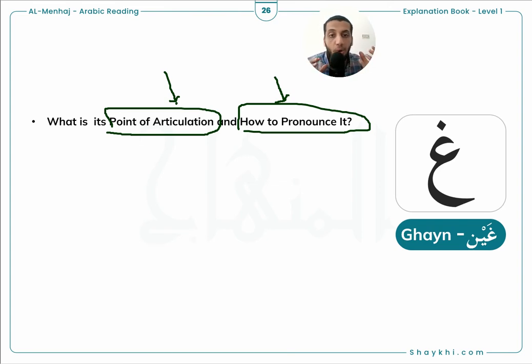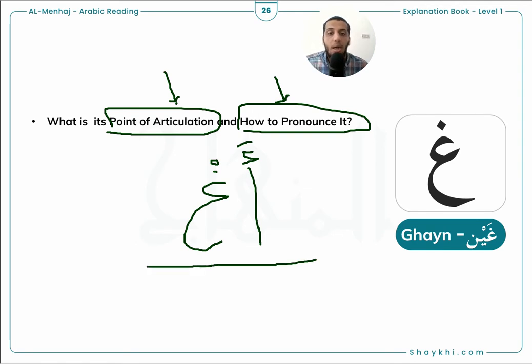Our golden rule to know the point of articulation of any Arabic letter is to put it in the state of a sukoon, put hamza with fatha before it, and then pronounce it. So here it's al, al, al.